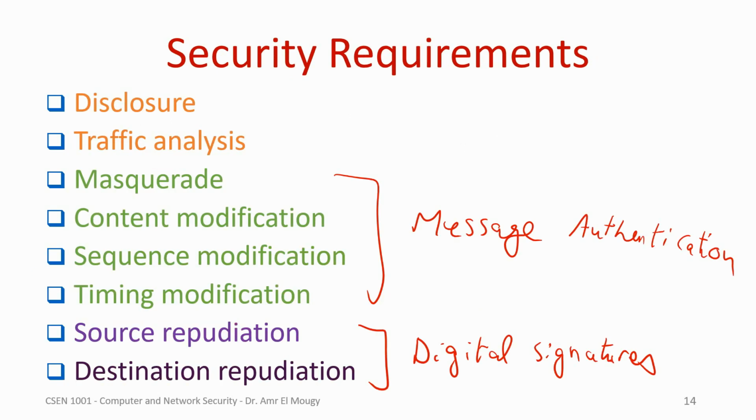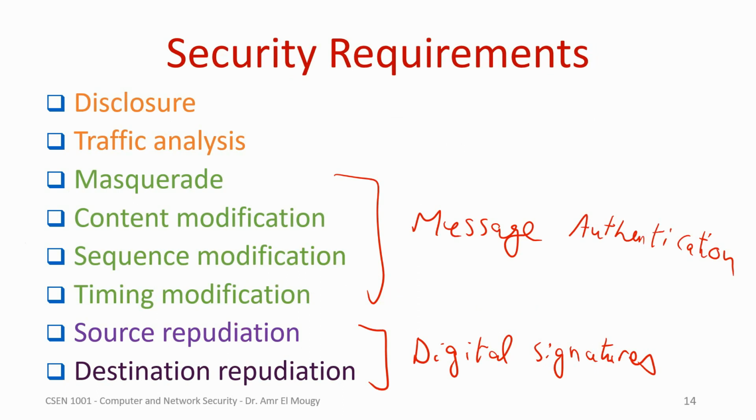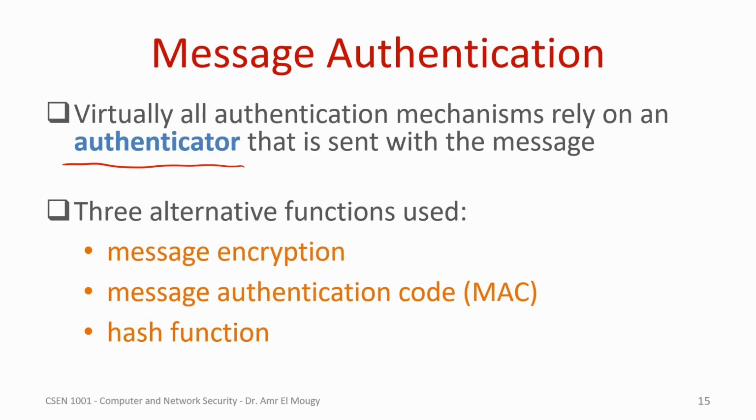Basically, we want to protect against content modification and sequence modification. We protect against sequence modification by simply inserting a sequence number in the packet. And if we are protecting the integrity of the packet, then we are protecting the sequence number as well. And the authenticator is also able to protect the identity of the originator, meaning that I can validate the identity of the originator, and this protects against a masquerade attack as well.